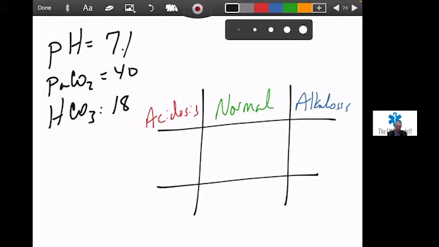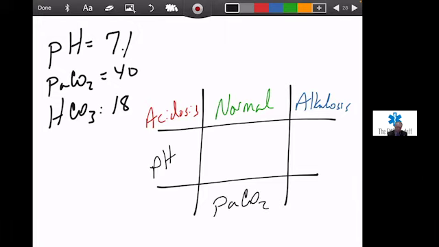All right, now you got your tic-tac-toe grid done. So 7.1 is less than 7.35. So that is acidosis. PaCO2 of 40 is normal. HCO3 is abnormal, so it makes it acid because it's less than that 22. So we place it over here.